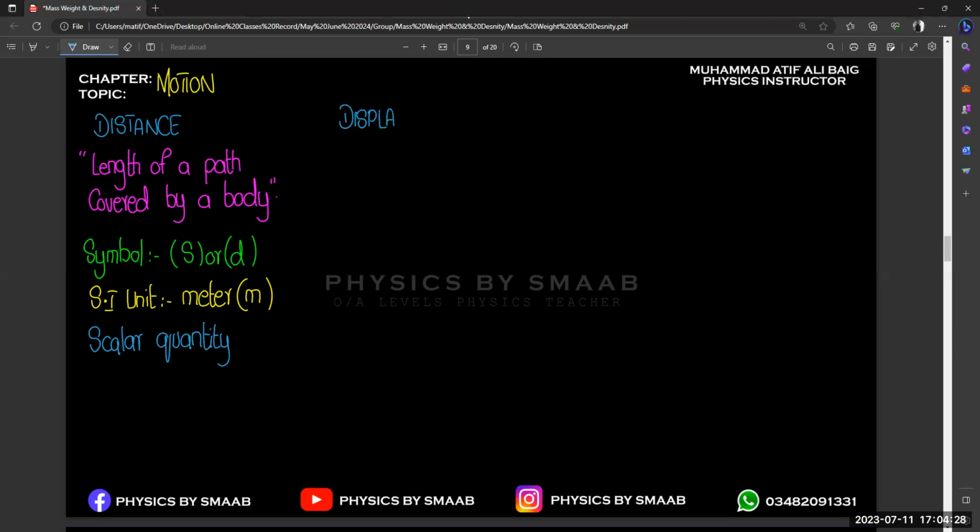Okay, now if we compare this concept with the concept of displacement, these are a similar type of concept, but still there is a scientific difference between distance and displacement. First of all, a very simple definition for displacement is the shortest distance between two points covered by a body.